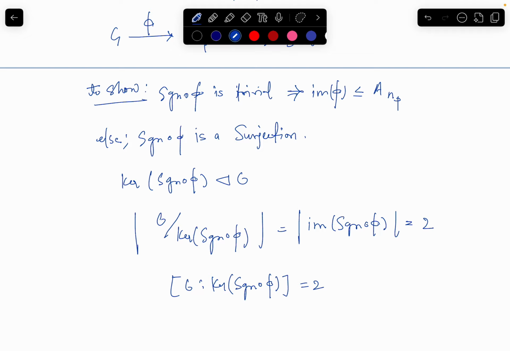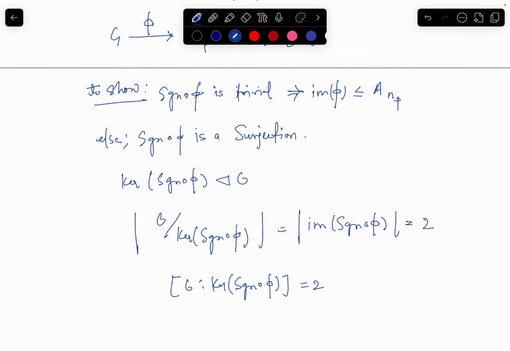Moreover, we are not talking about G equal to C2, because if G is C2, then in that case the kernel could very well be identity, and still the index 2 remains. We are not talking about C2, because C2 is abelian.